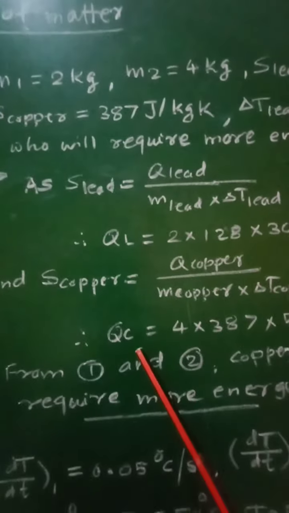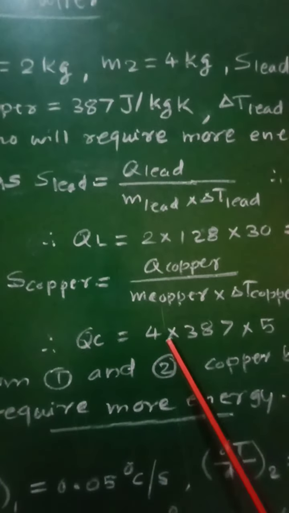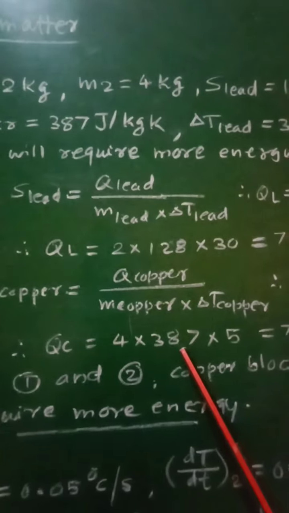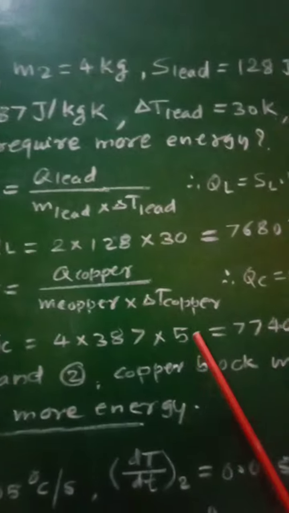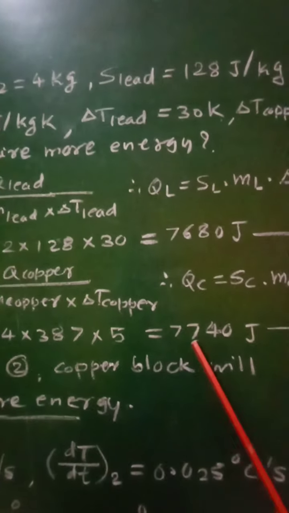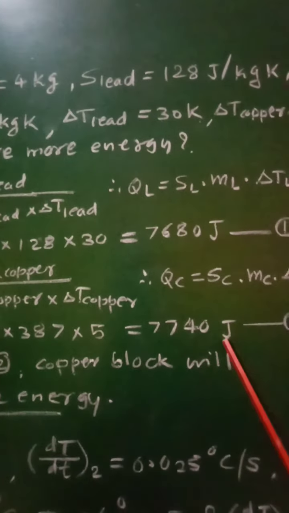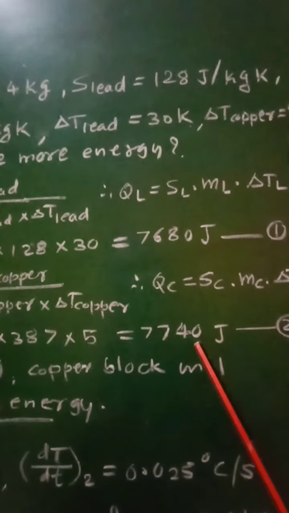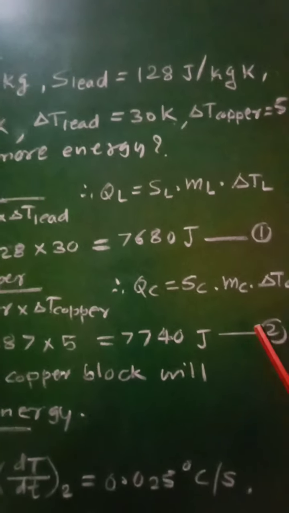Putting the values, we can write Q_C equal to 4 into 387 into 5, which will be equal to 7740 joule, equation number 2.